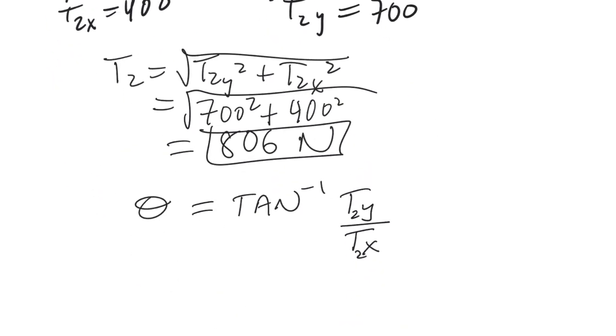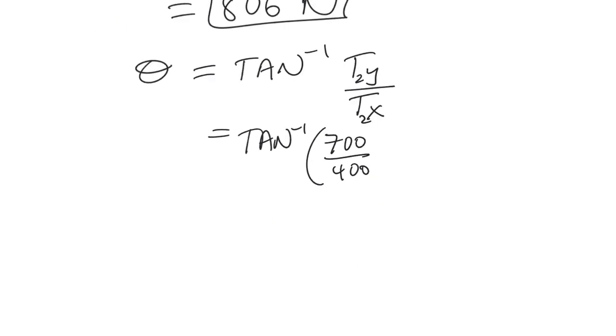Okay, so that's on your equation sheet. So inverse tangent of 700 over 400. And that comes out to be 60.3.